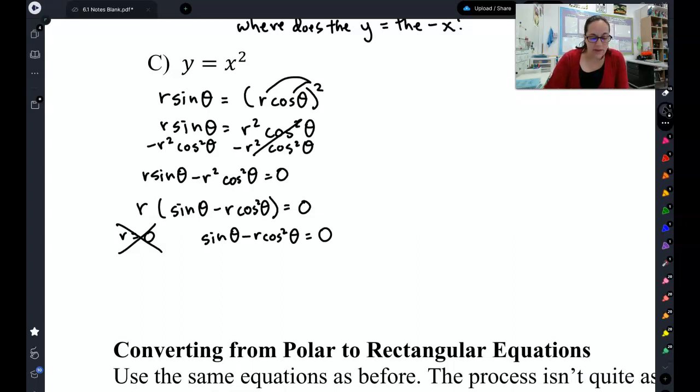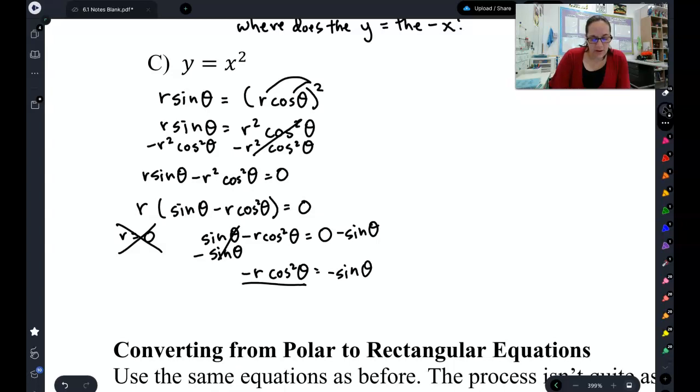And now that I've got this, I'm going to solve it for r. So let's minus sine of theta. So I get negative r cosine squared of theta equals negative sine of theta. Divide by negative cosine squared of theta. So I get r equals sine of theta over cosine squared of theta.